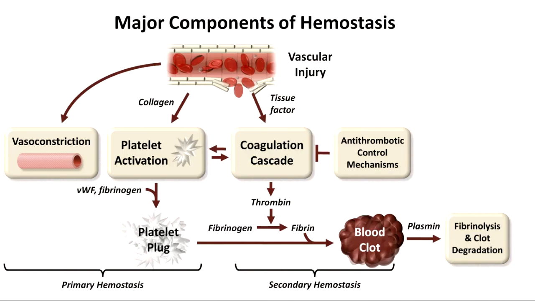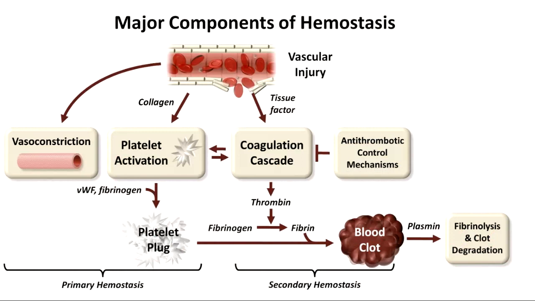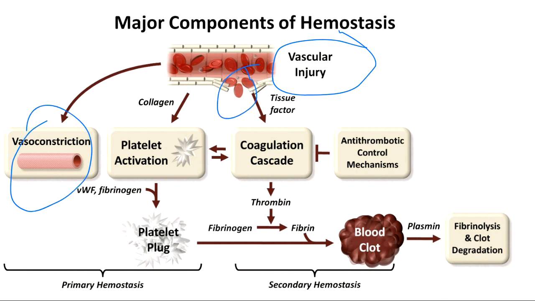This picture, I think, is from your textbook. It's a really good one, and your book breaks it down really nicely. So one more time, we'll go through what happened initially. We have some sort of injury. Blood is leaving. You can see blood cells leaving here. First step, vasoconstriction or vascular spasm. The wall becomes more narrow. Next, platelets become activated.